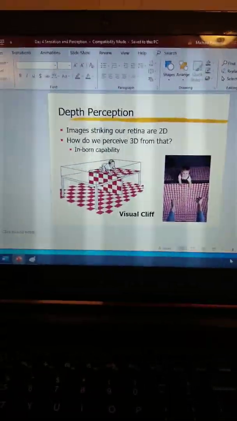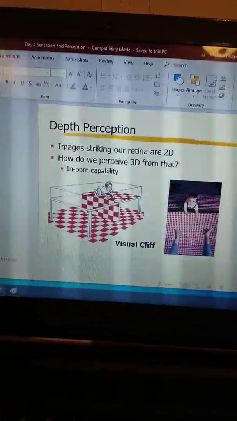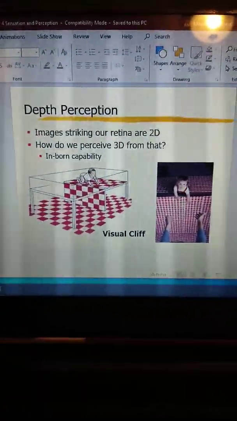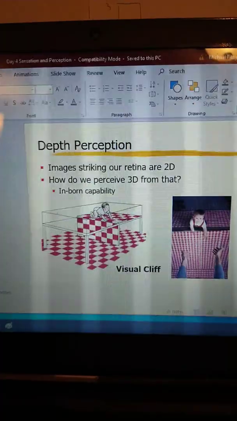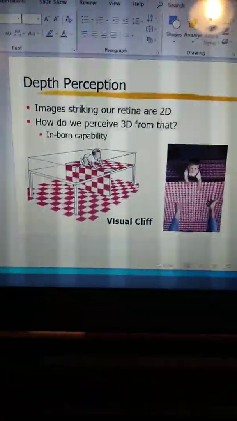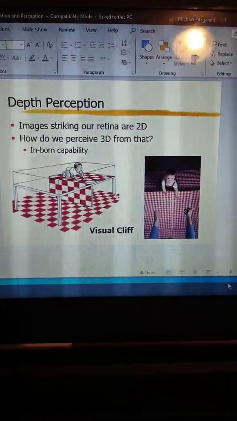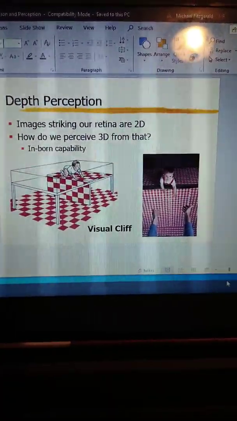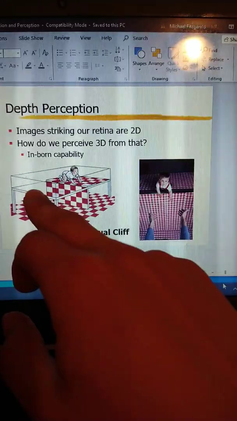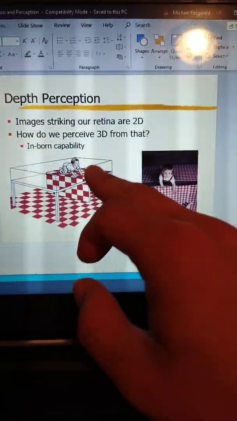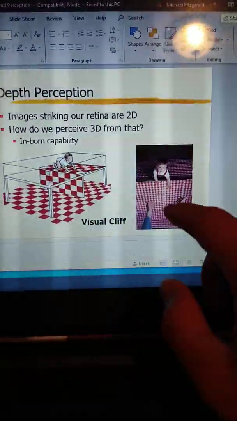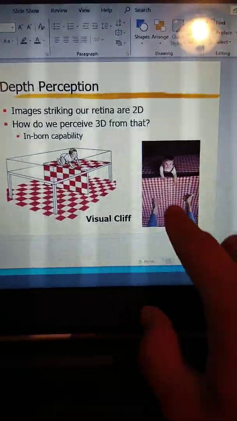This is just something testing if we have the ability, excuse me, if we have the ability for depth perception, if we're born with it. The basic idea here is that this is a glass table, and the infant is put here and is coaxed to try to crawl across.